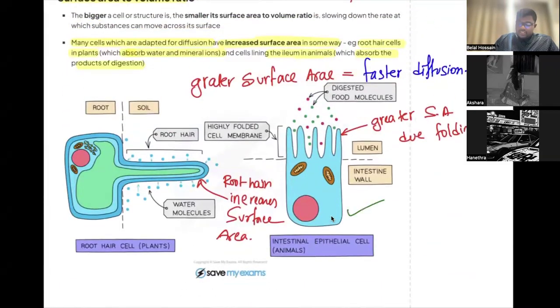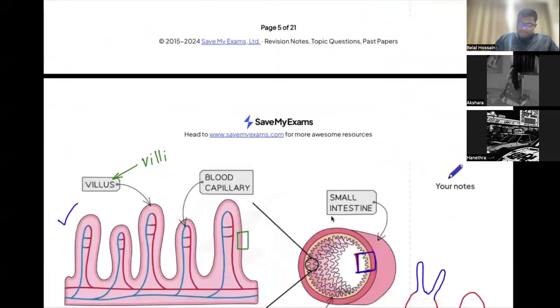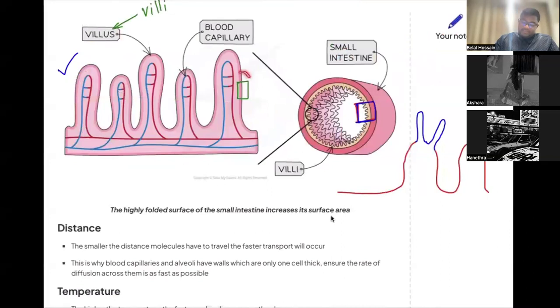The greater the surface area, the faster the diffusion of the digested food molecules.